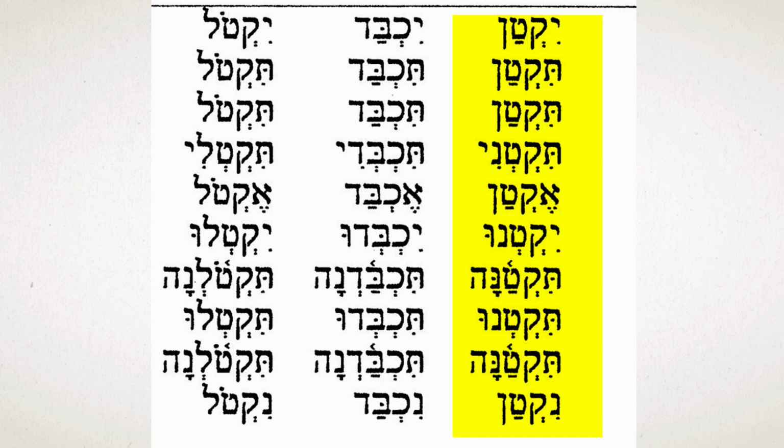Look there. It goes yiktan, tiktan, tiktan, tiktani, ektan. Yiktanu, tiktanna, tiktanu, tiktanna, niktan. Again, you can see the patach, and this is the one change of stative verbs in the imperfect.